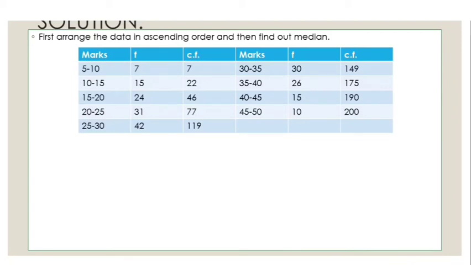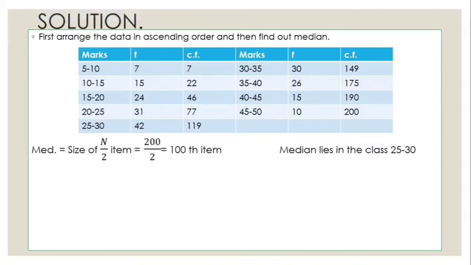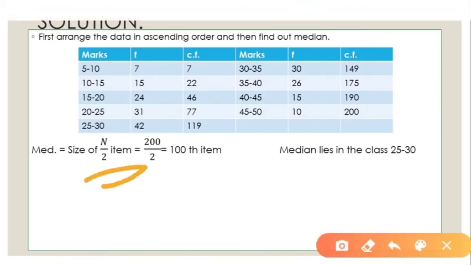Now we'll look for the n by 2 th item, and you have to take care that in case of a continuous series we look for the n by 2 th item, not (n plus 1) by 2. (n plus 1) by 2 is for a discrete series, and here we are dealing with a continuous series. So to find the median class, we'll look for the n by 2 th item.